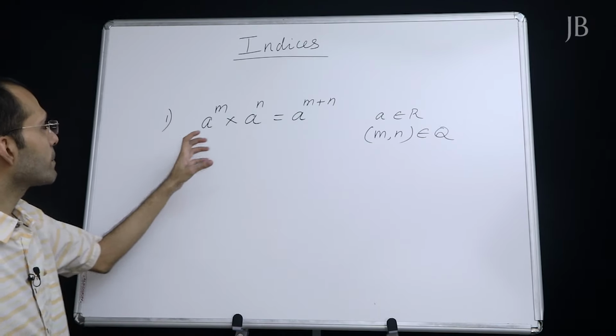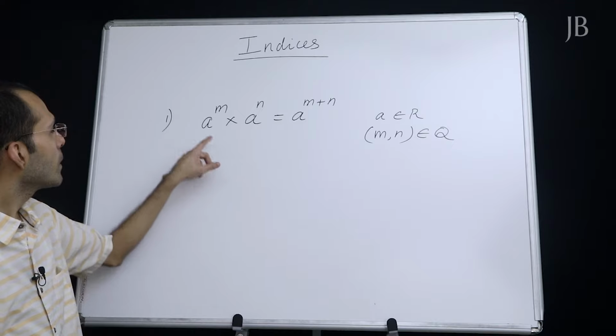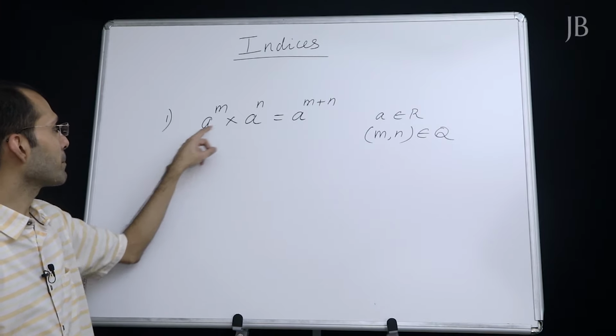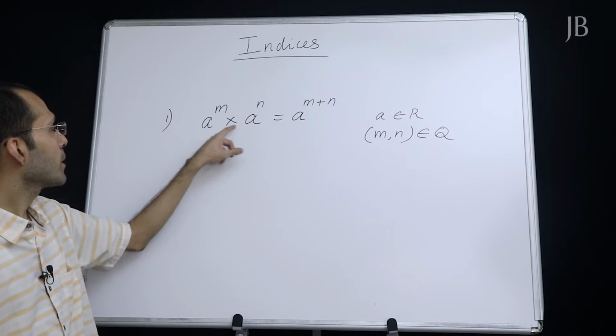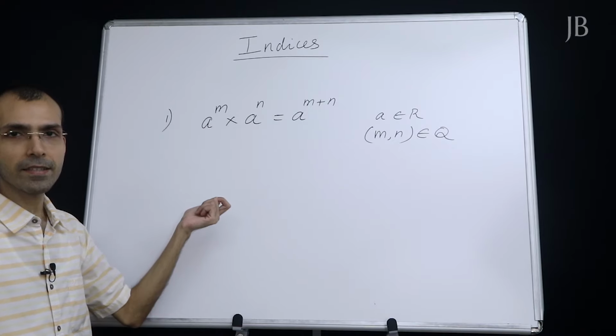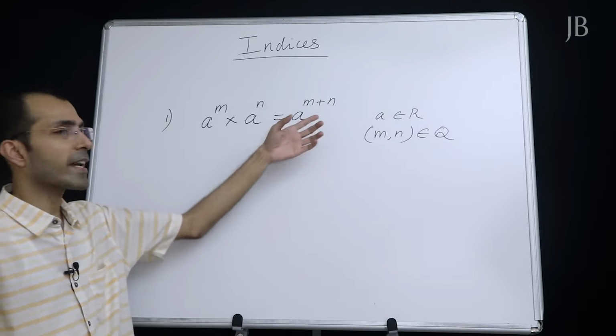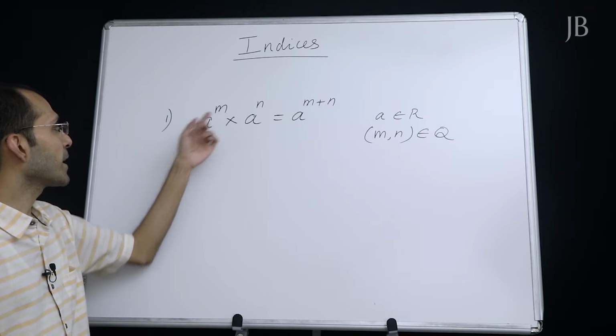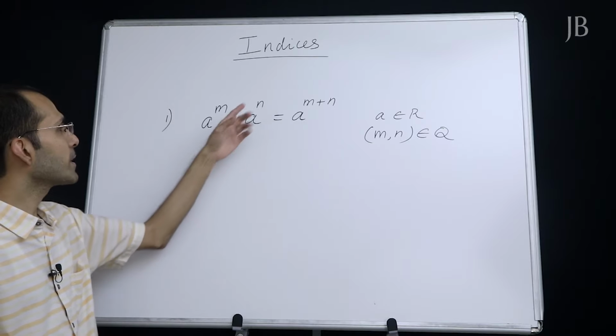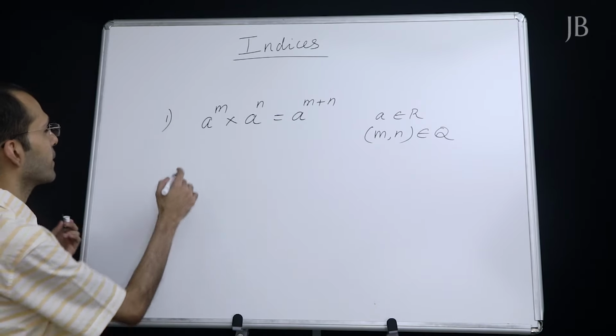This law is better understood this way: if the bases are same and joined by a multiplication sign, then the powers can be added.